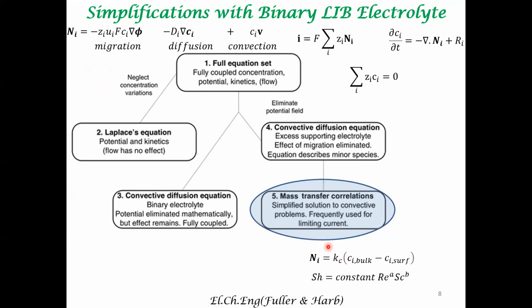Once you have suppressed migration, the system is very similar to what you have in a chemical reactor. Okay? So the differences in an electrochemical reactor and a chemical reactor become marginal. And so many of the correlations that are generated in the context of chemical reactor design can be utilized to get the value of mass transfer coefficient, and you're going to obtain molar flux and via Faraday's law current to model transport.